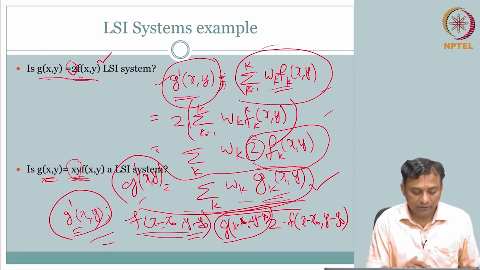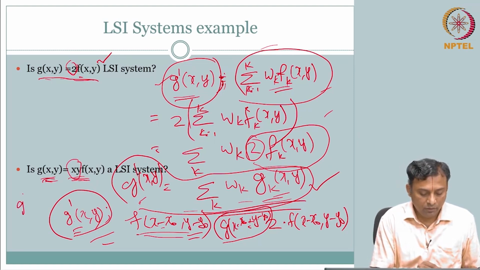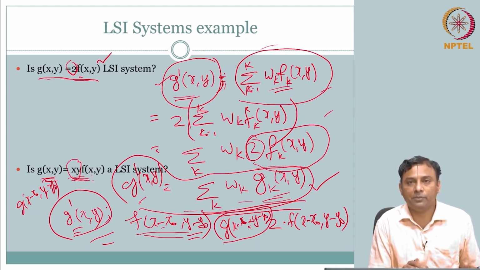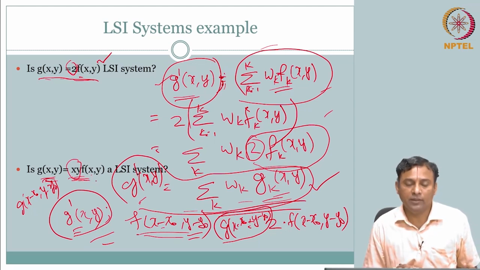But if I look here, what is my shifted output? g of x minus x naught comma y minus y naught. What is that? Oh, that is going to be x minus x naught into y minus y naught times f of x minus x naught, y minus y naught.